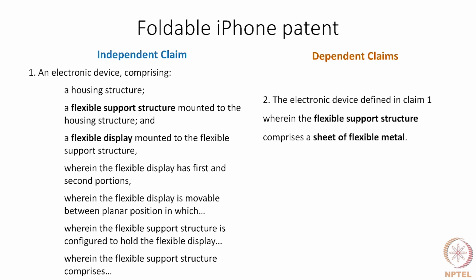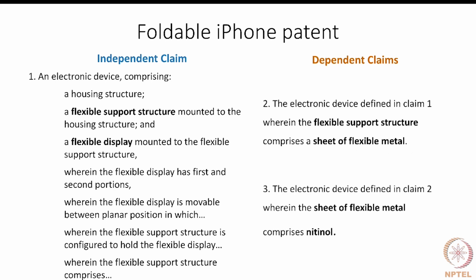It just can import everything by a cross-reference. So now we understand the limitation that claim 2 introduces to element number 2. The element number 1 is housing structure, 2 is the flexible support structure, and the flexible display is the third element. So the second element now has a limitation that it is a sheet of flexible material. So this is the limitation that is introduced.